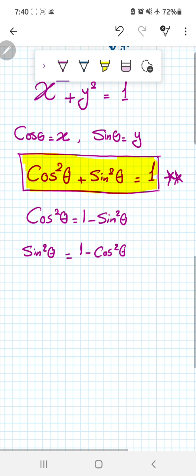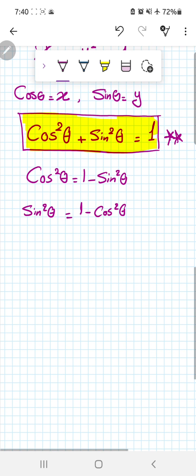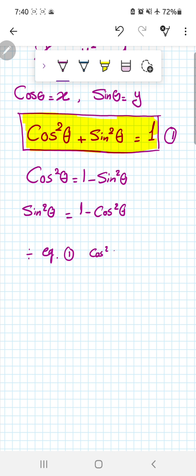From this equation, we want to divide the equation by cosine power 2. Let's take equation number 1 and divide it by cosine power 2 theta.